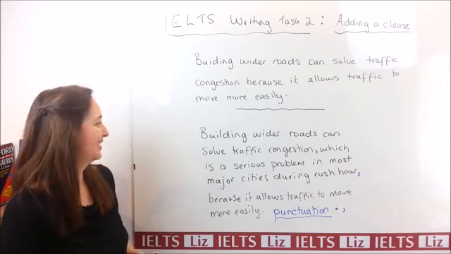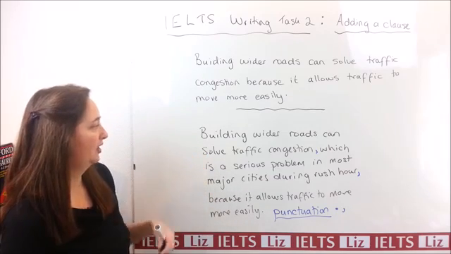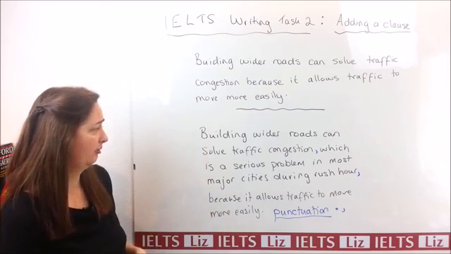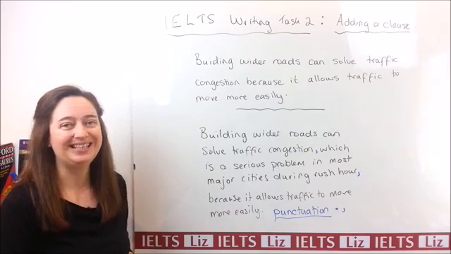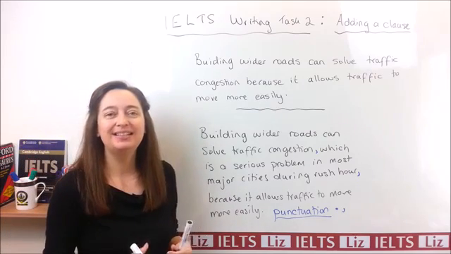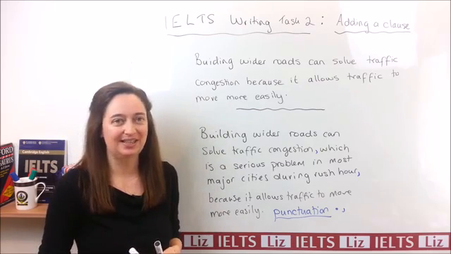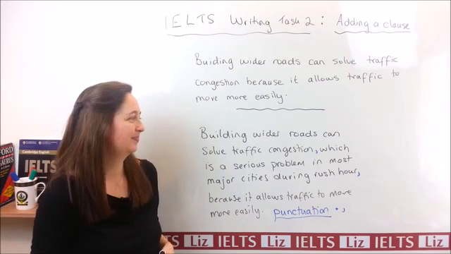So that's our complex sentence. Building wider roads can solve traffic congestion, which is a serious problem in most major cities during rush hour, because it allows traffic to move more easily. So that is how you put a clause into a sentence and the type of information you can add.